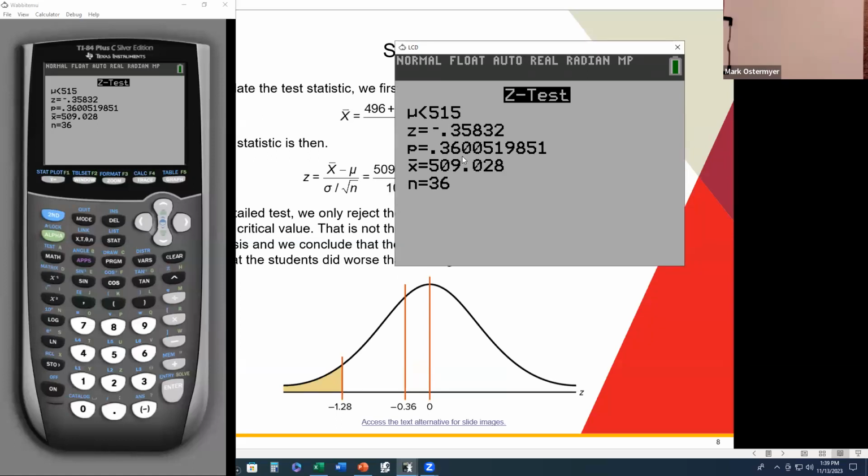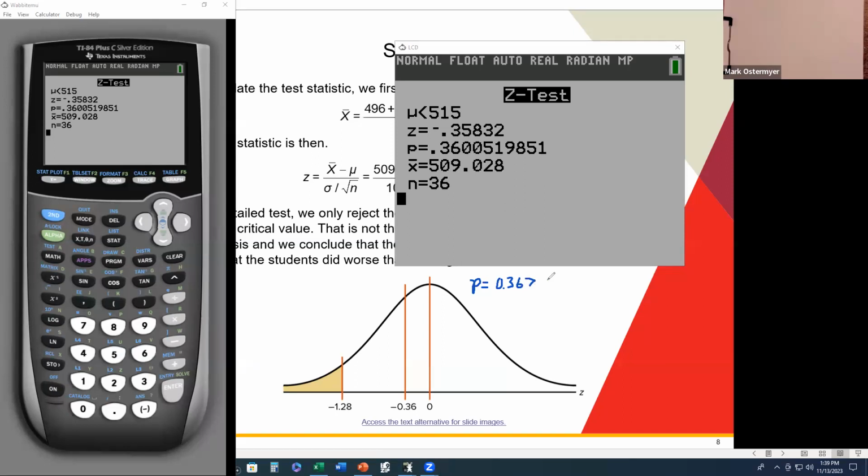Ladies and gentlemen, is that a large or small p-value, 0.36? Well, I'll tell you one thing, that p-value of 0.36 is certainly larger than 1% level of significance. It's larger than 5% level of significance.